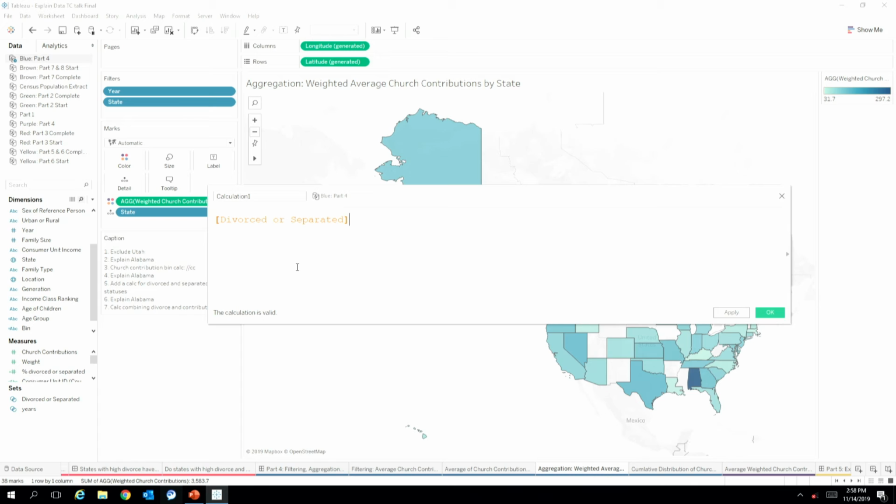That won't be true forever, it just happens to be true right now. So what you can do if you want your set or group to be referenced or used in an explanation is simply create a calculation that references that. So let's see now what happens if we explain data on this, having added this field indicating if people are divorced or not.